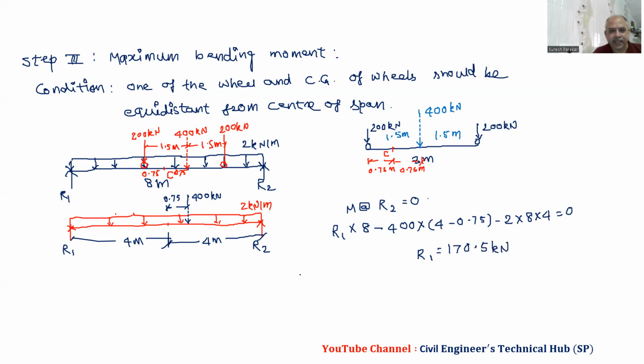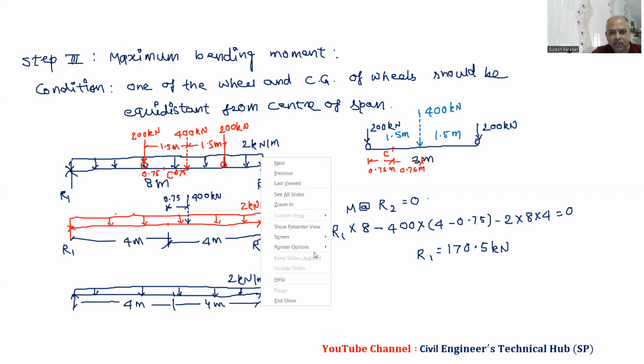We have to find maximum bending moment under that wheel load which is equidistant. So now I will consider only that part. Now we have this again 2 kilonewton per meter. And then we have that one of the wheel loads at equidistance. So we have this as 4 meter, and the other also 4 meters.